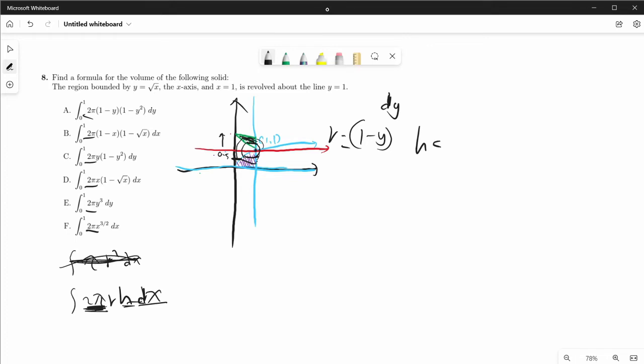That would be this part, which is bounded by the x equal to 1 line and the parabola, if you're looking in the y direction. So you need to rewrite this equation as x equal to y squared. Now the height of the cylindrical shells is 1 minus y squared. So we have 1 here, and then the y squared parabola here.